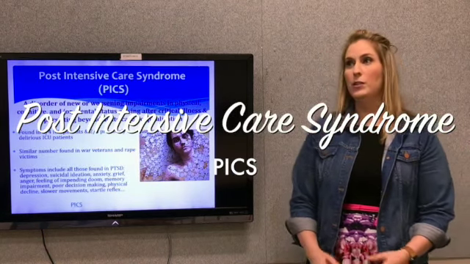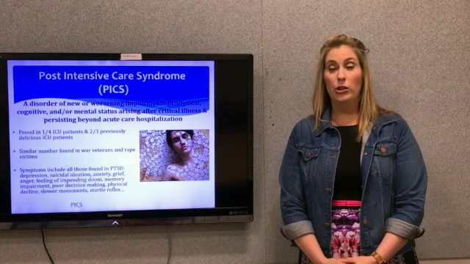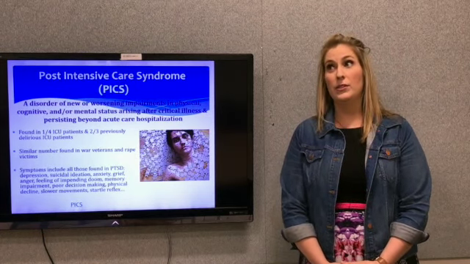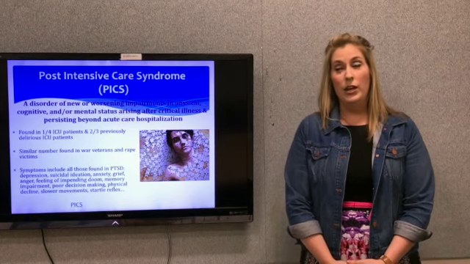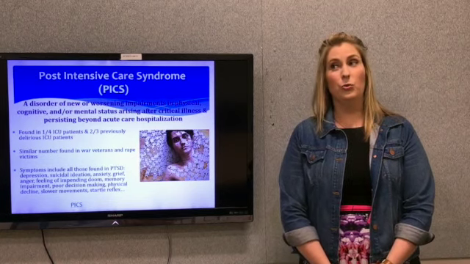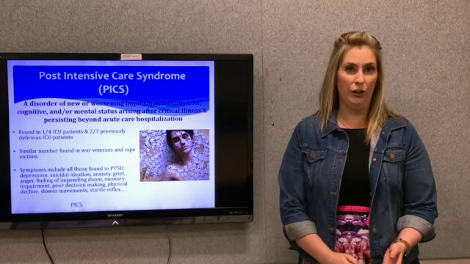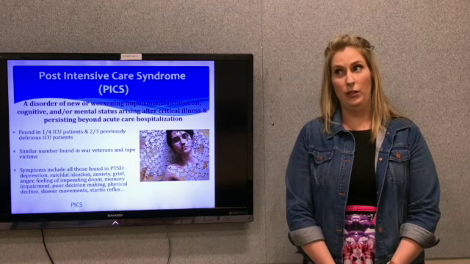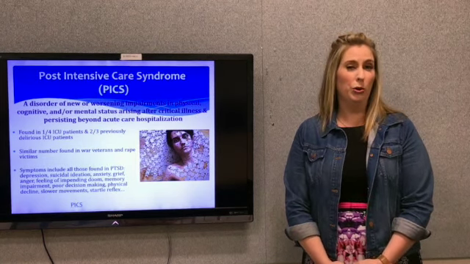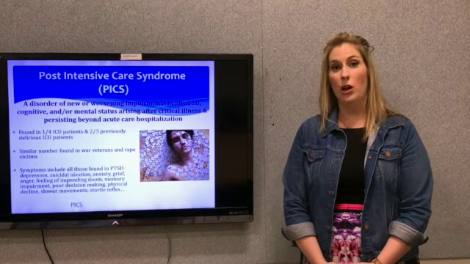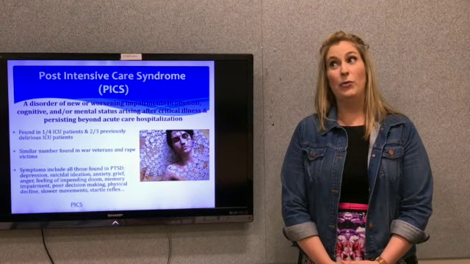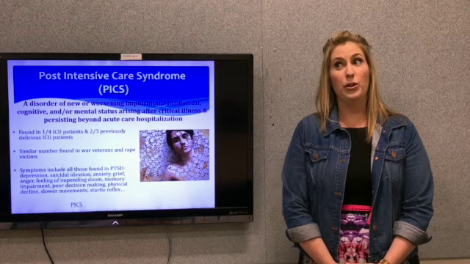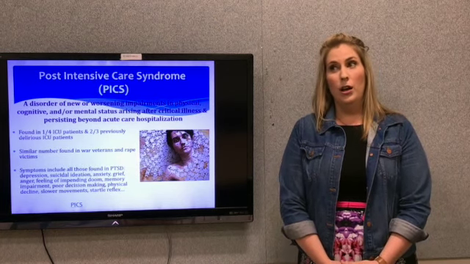So just to touch on this PICS, it's a disorder of new or worsening impairments in physical, cognitive, and or mental status, which arise from your critical care illness and interventions that persist beyond your acute care hospitalization. So it's found in about a quarter of patients who've been in the ICU who did not develop delirium, and about, as I mentioned before, 2/3 of previously delirious patients.